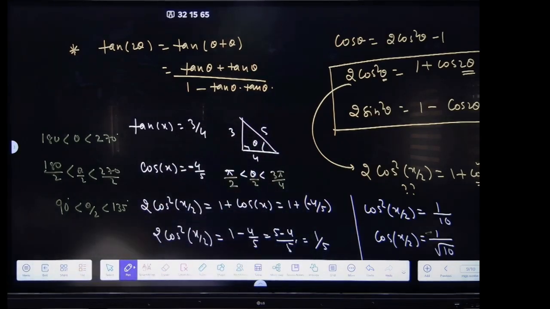I want tan x plus y, but you have sin x plus sin y, cos x plus cos y. Tell me how to get tan x plus y. Which formula should I use? Tan x plus y, right? What is the tan x plus y formula? Tan a plus tan b divided by 1 minus tan a tan b. But we have sin and cos. How to calculate?